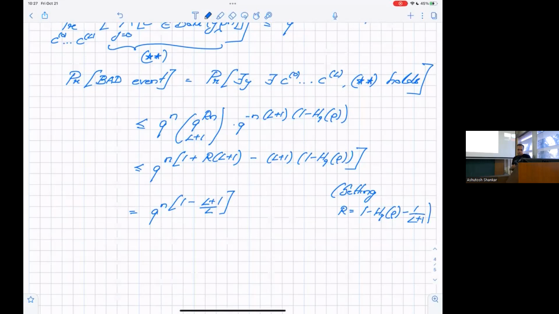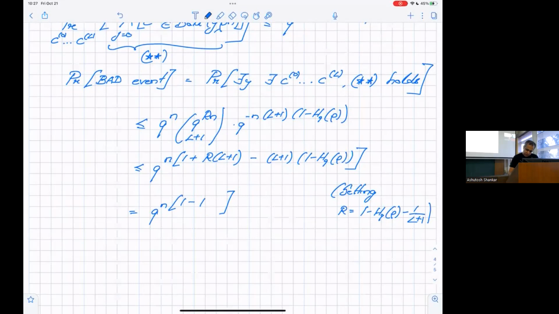Then 1 minus 1, everything gets cancelled out. Somewhere I need a strict inequality.